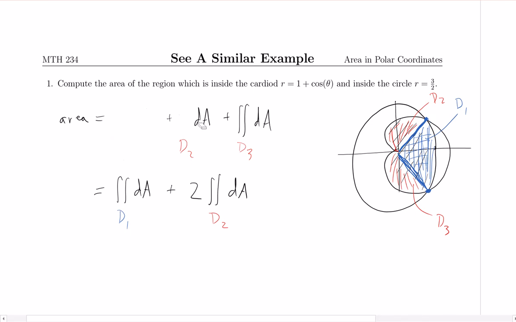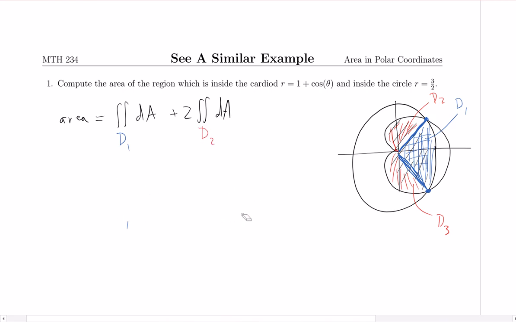So let's erase this to save room and rewrite this at the top. So we're going to compute the area of D1 and D2, and then our final answer will be to combine them like this.